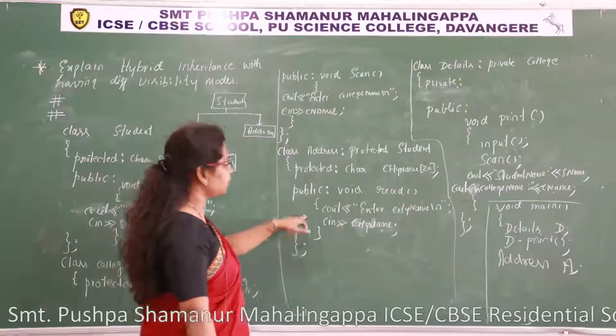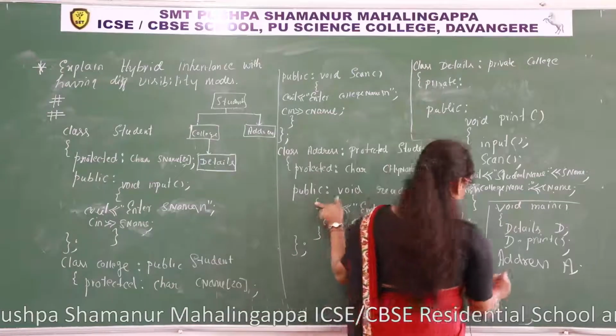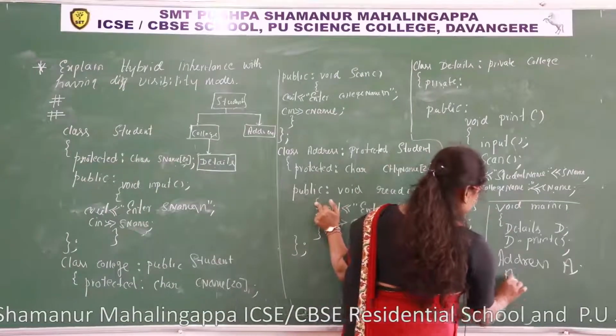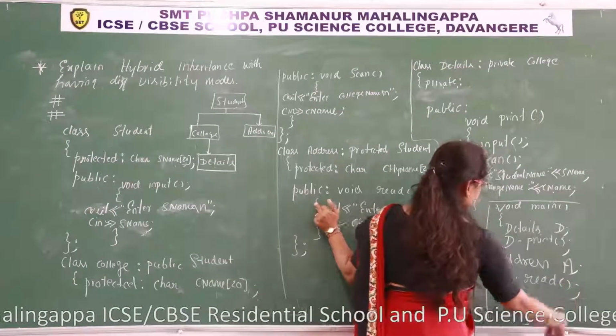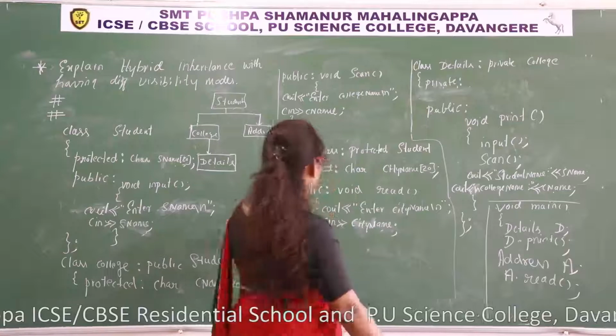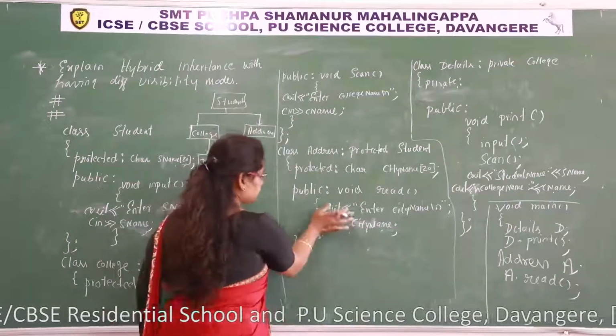I have to read city name, so I must call the read function. A dot read. And I have to display from here.